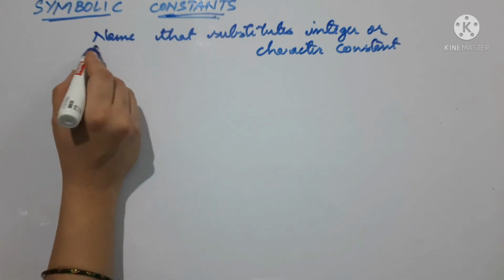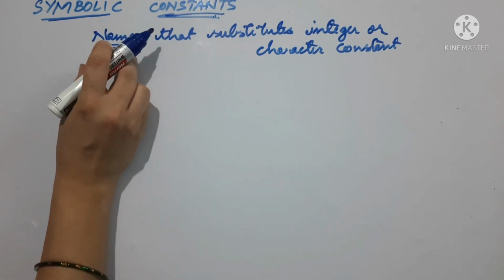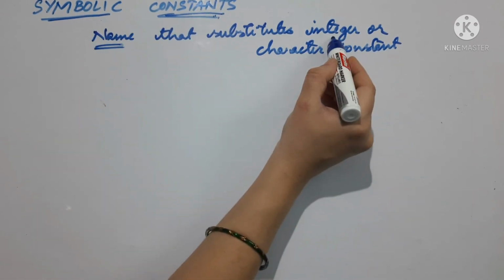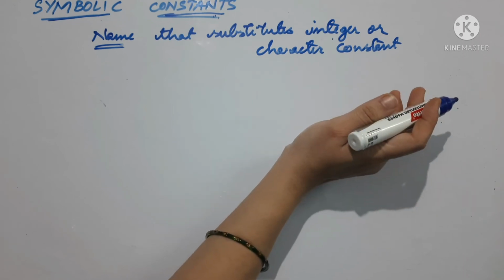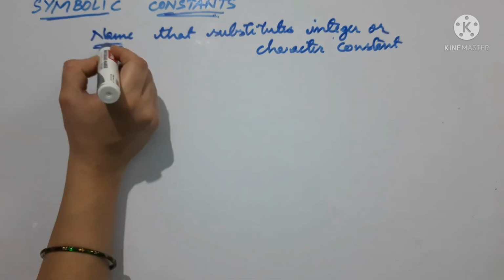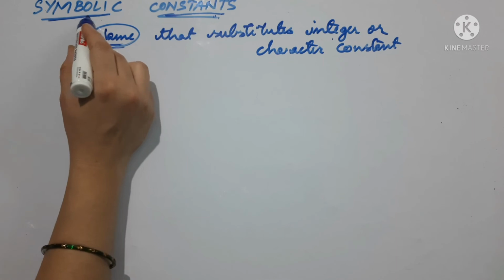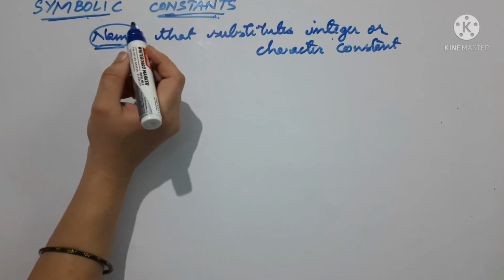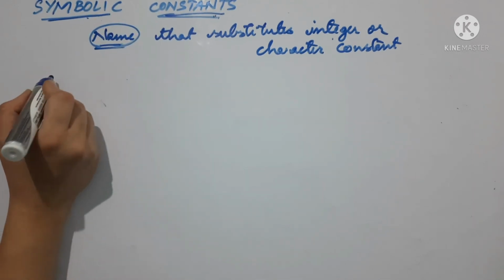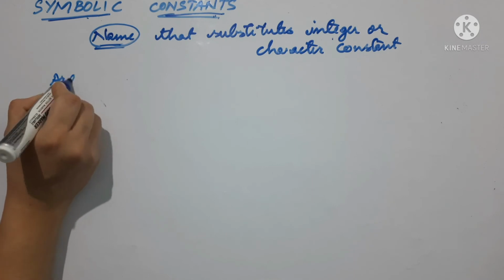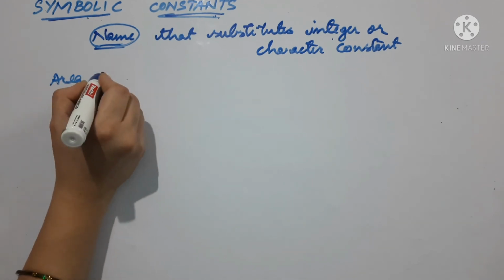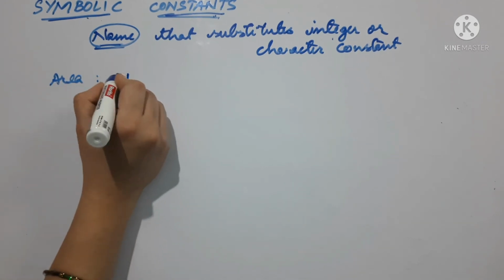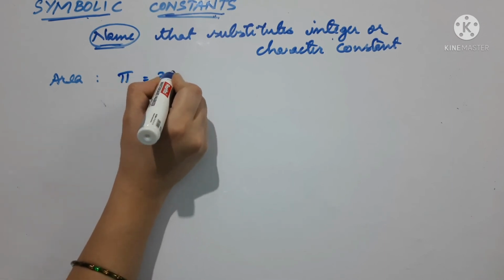Symbolic constants are nothing but the names given to either integer constants or character constants. So for any constants, if we are specifying a particular name, then that is called a symbolic constant. Let us understand this with an example. As previously discussed, to find the area of a circle, we have a value of pi, that is 3.142.